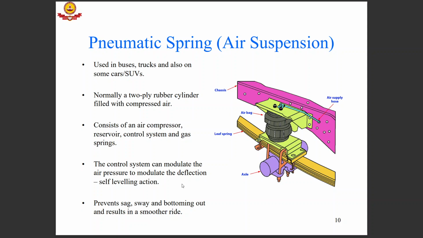This kind of suspension also prevents sagging, sways and bottoming out, resulting in a smoother ride. So for example, if the loading condition goes higher, we can increase the pressure or decrease the pressure, so it provides some additional adaptability to the vehicle's operating condition.